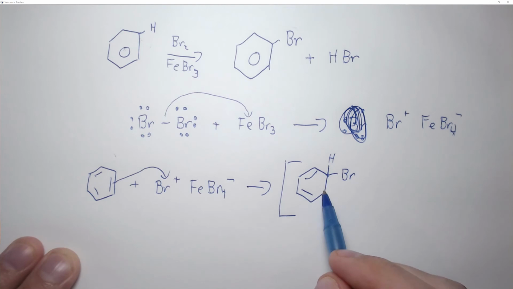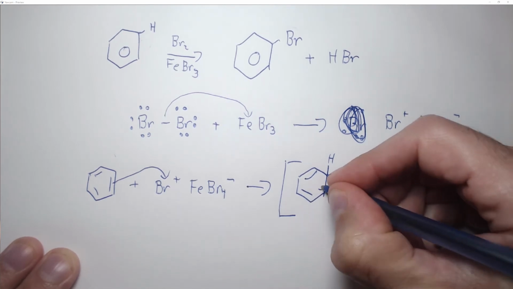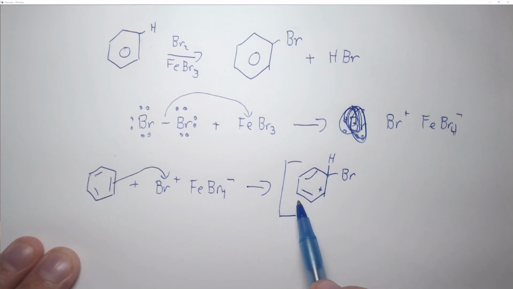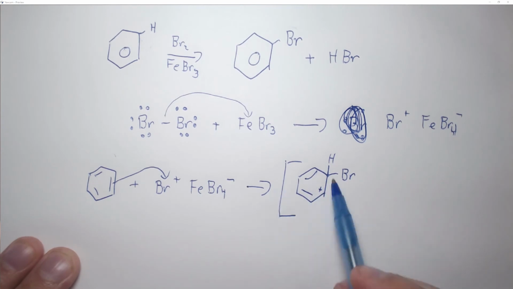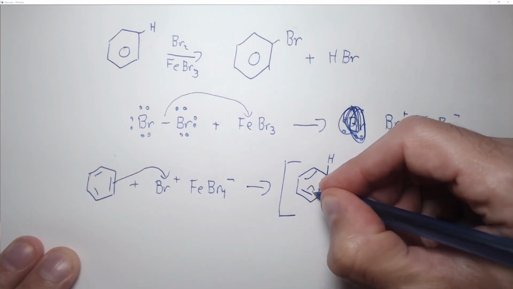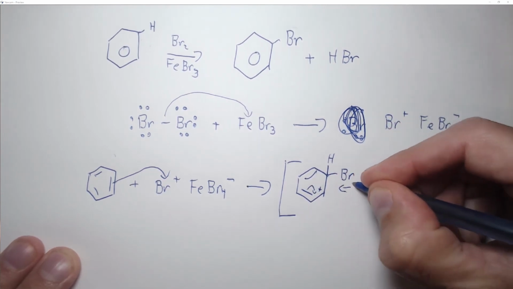So now we have a 3-bonded carbon, and the charge on that 3-bonded carbon is plus. So we have a positive charge on this carbon. Now, you may have seen that I drew this bracket here, which is going to indicate resonance. So I'm going to draw the resonance forms of this. This can resonate. So what happens is this moves over here, and we get a second resonance form.